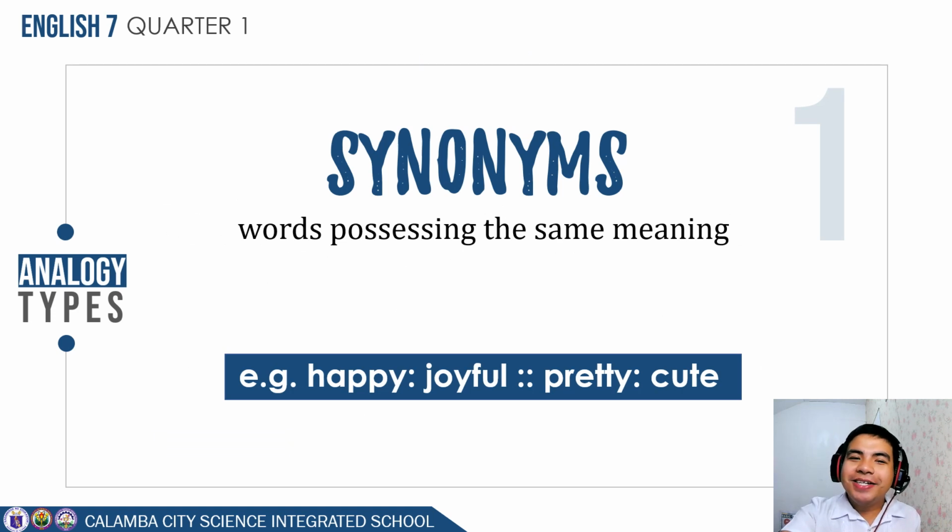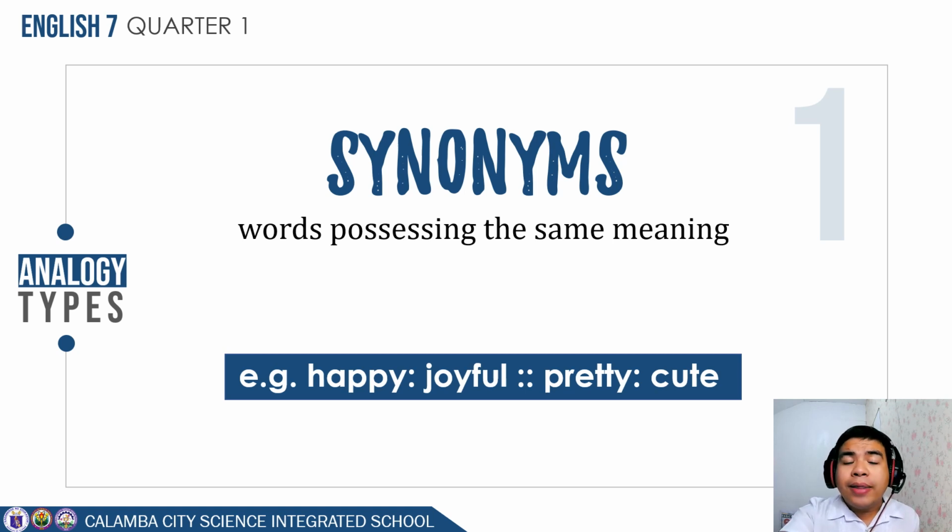Furthermore, my dear students, this is also to inform you that analogy has a lot of types, and one of these types is synonyms. And as we all know, synonyms are words possessing the same meaning. Example, happy is to joyful as pretty is to cute.